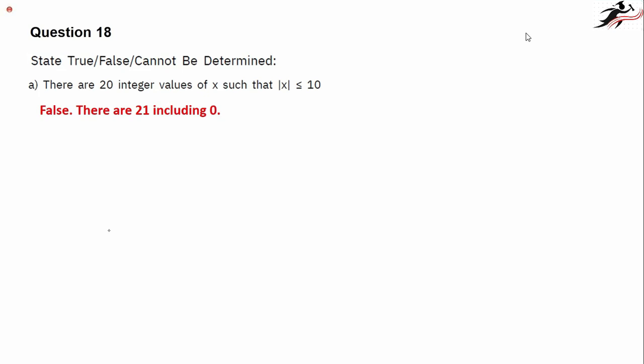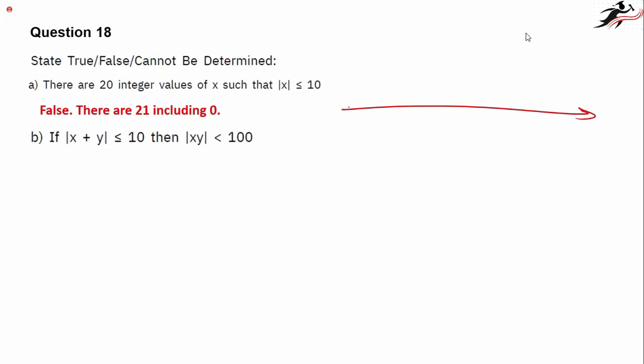Try next. How about this? First one on the slide, Ravi. Okay. See, what I want is mod x less than equal to 10. That means I want my point to be at a distance of 10 units or less from origin. So can I say my point should be within this range?